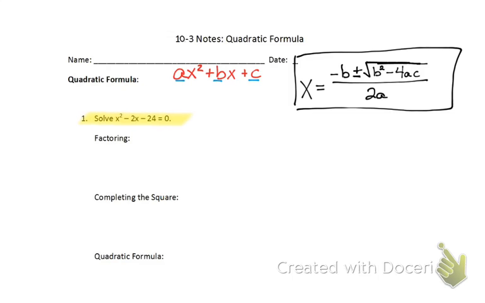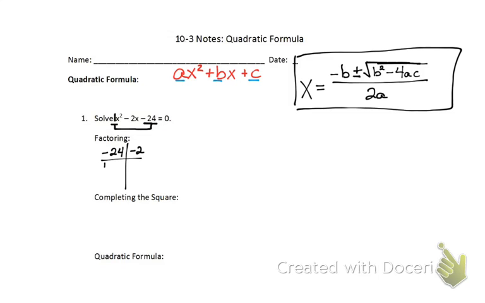So, with this equation, x squared minus 2x minus 24, let's review how we would solve it using the factoring method. Using the factoring method, we would take 1 times negative 24, which gives me negative 24, and I'm going to find two numbers that multiply to make negative 24 and add to make negative 2.